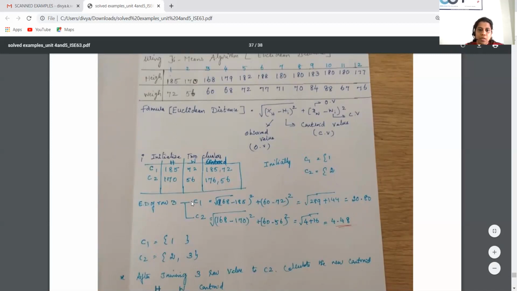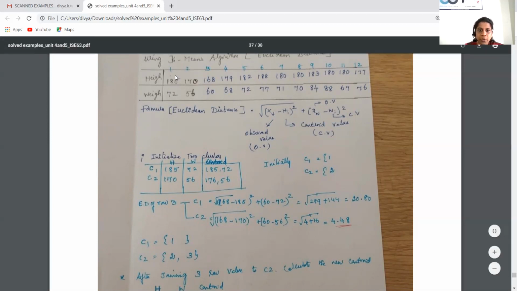The height is 168 minus the mean value of the first cluster, that is the first point, 185, whole square, plus the y coordinate, weight: the current weight of the third point is 60 minus 72 whole square. When we calculate, we get 20.80.